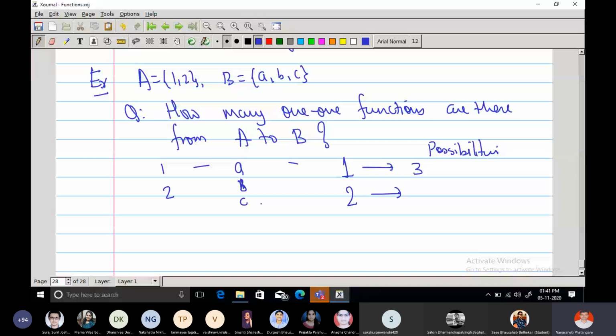Because we want the function to be one-one, suppose I map 1 to A, I cannot map 2 to A. So how many possibilities are left for 2? 2 possibilities: 3 minus 1, because one element is already occupied by 1, so only 2 elements remain. Therefore 2 has only 2 possibilities.